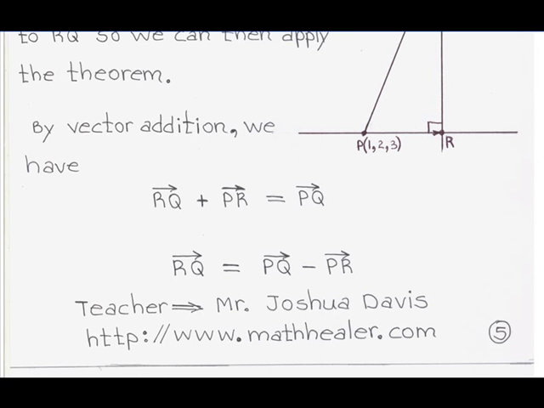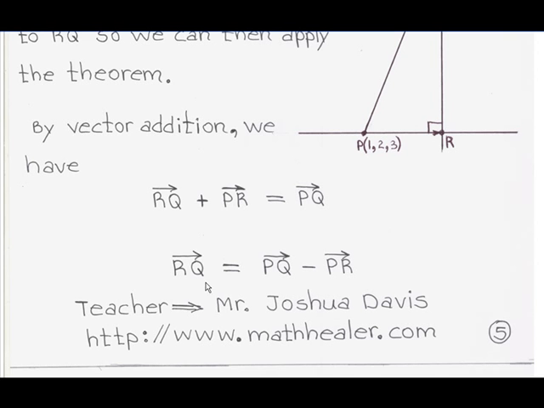After applying algebra, I added negative PR to both sides of this equation. I now had that vector RQ can be written as vector PQ minus vector PR. So pause the video and study this for a little while and go back and take a look at the diagram so you can follow the vector addition of how I got this information.